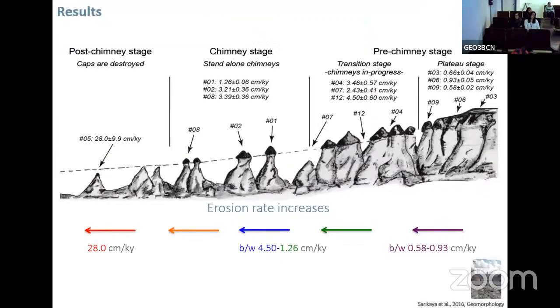So this is the conclusion with the ages. Erosion rate increases, and of course, apparent age decreases in this case, because when you erode faster, all the nuclides concentrated are gone, so the age becomes younger.